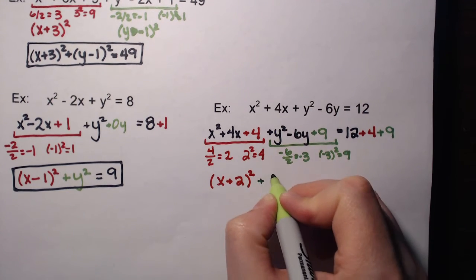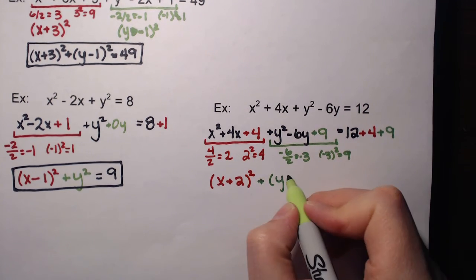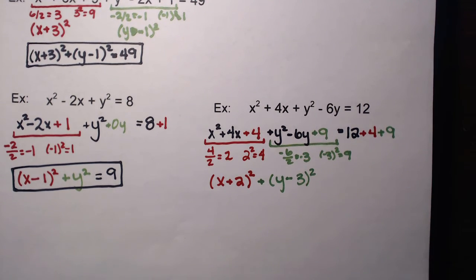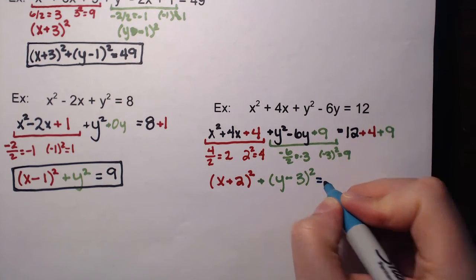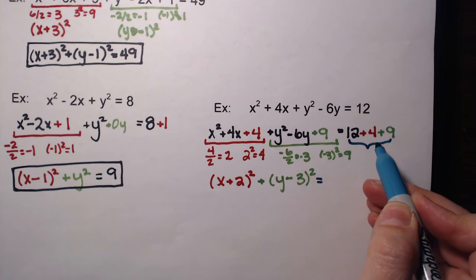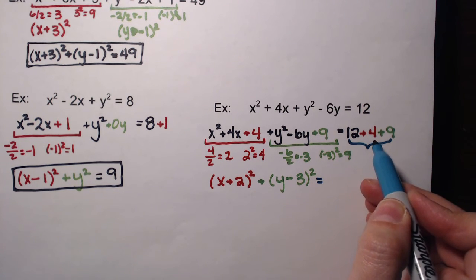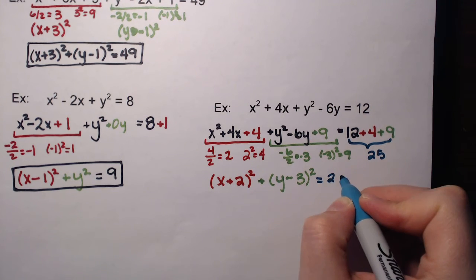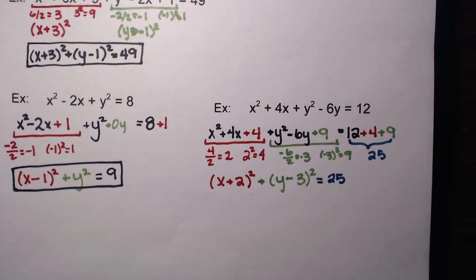Then this is written as y minus 3 squared because it matches this piece right here. And then for the radius of the circle, I have to combine all of these. So what is 12 plus 4? That's 16. Plus 9 is 25. That's the equation of the circle.